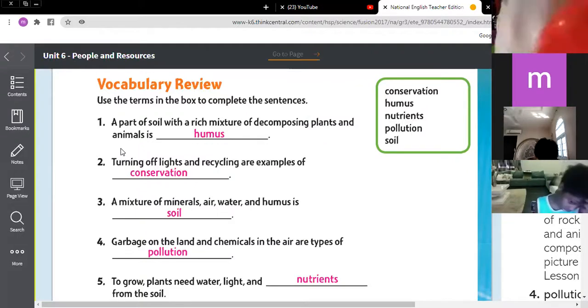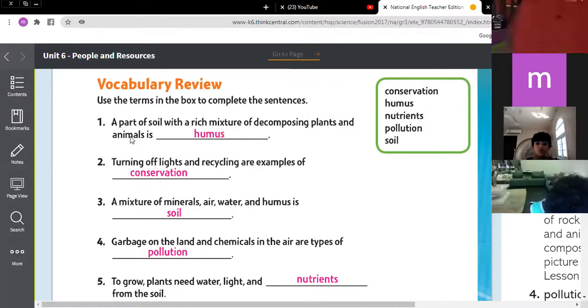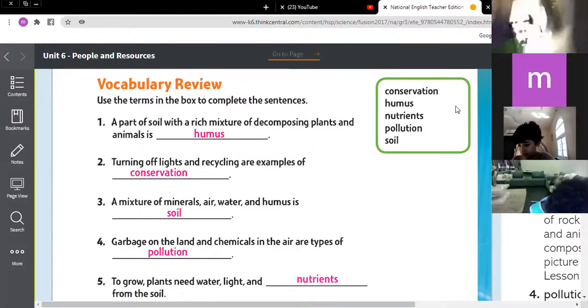Not humans, humus. I am saying humus. So we studied the soil and its parts before. A part of soil with a rich mixture of decomposing plants and animals is humus. Thanks, Yazan.